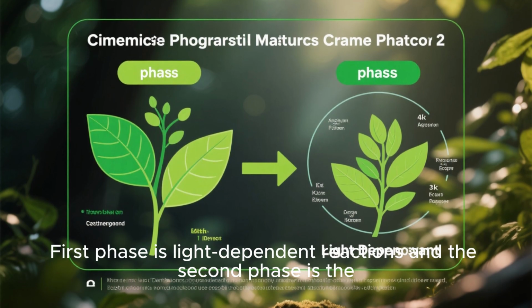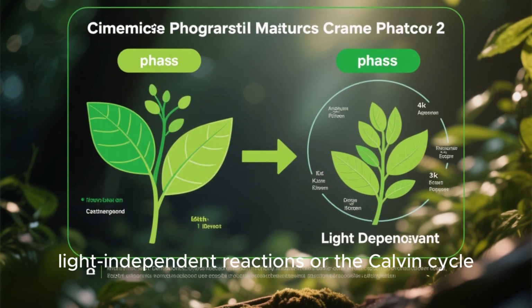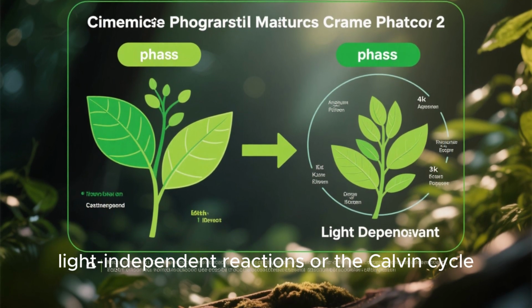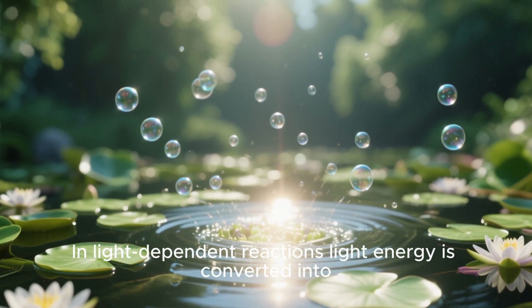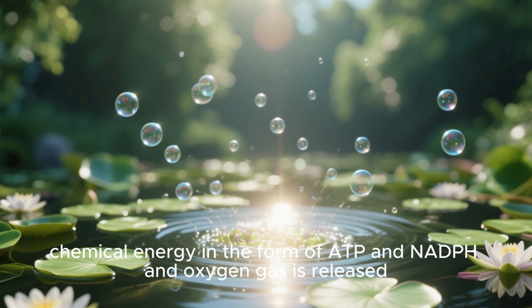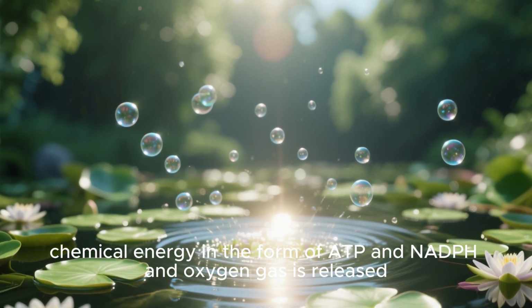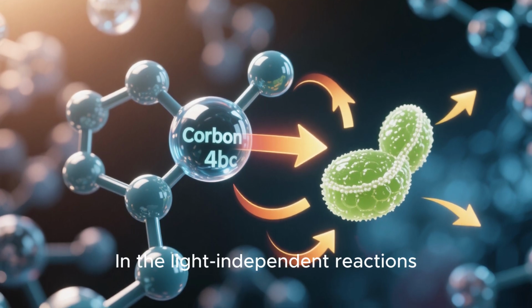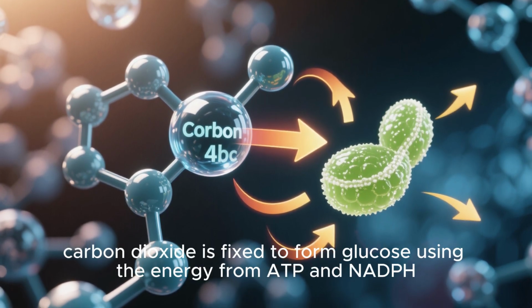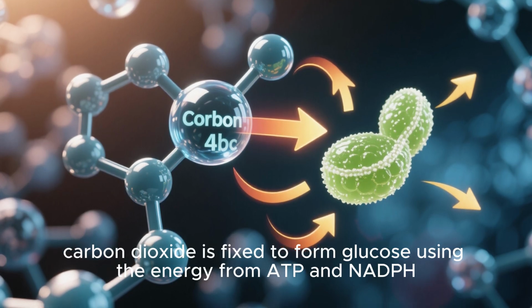First phase is light-dependent reactions, and the second phase is the light-independent reactions, or the Calvin cycle. In light-dependent reactions, light energy is converted into chemical energy in the form of ATP and NADPH, and oxygen gas is released. In the light-independent reactions, carbon dioxide is fixed to form glucose using the energy from ATP and NADPH.